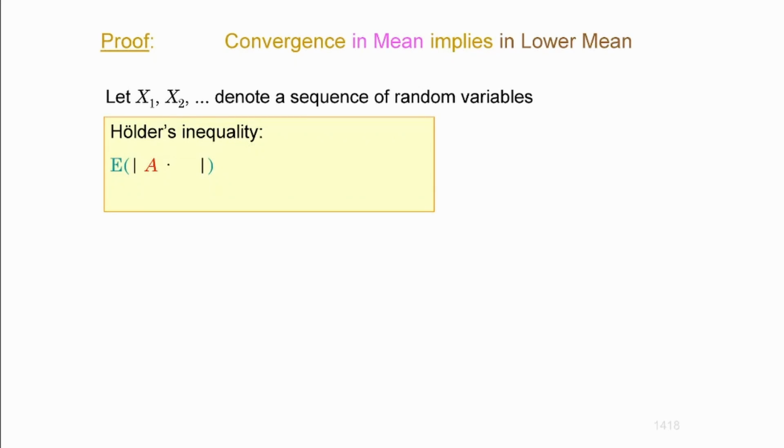It says the following. The expectation of the absolute value of a product of two random variables is not going to be greater than the product of their means, where the first one is the expectation of the absolute value to the power of p, which is a parameter, and the other is the expectation raised to the power of 1 by p.